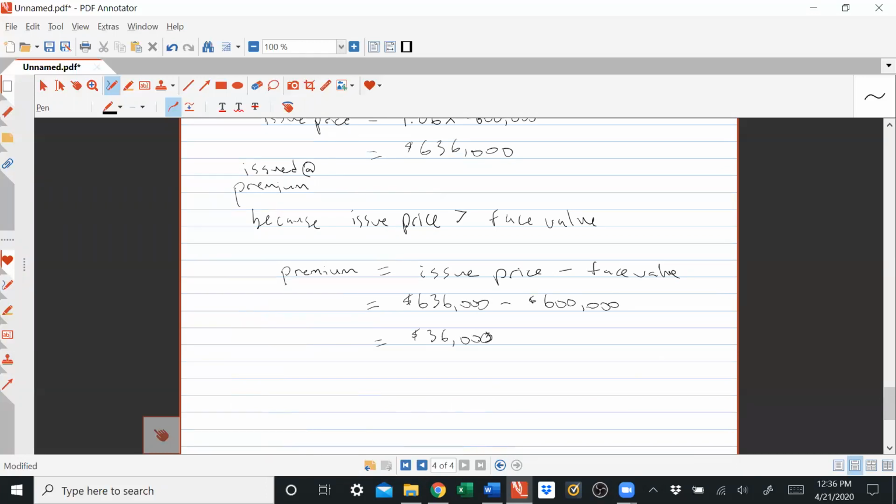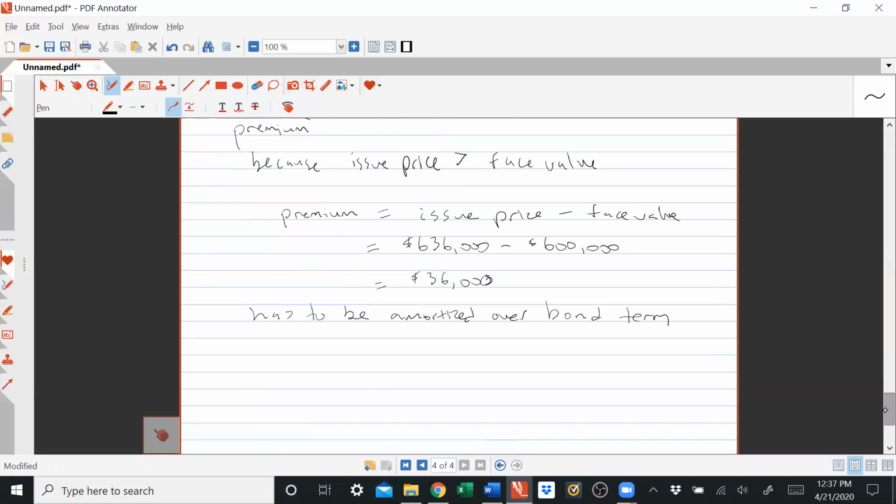This premium has to be amortized over the life of the bond, or reduced down to zero. So over the 20-year term of the bond, the premium has to be amortized. There's two methods you can use to amortize this premium.